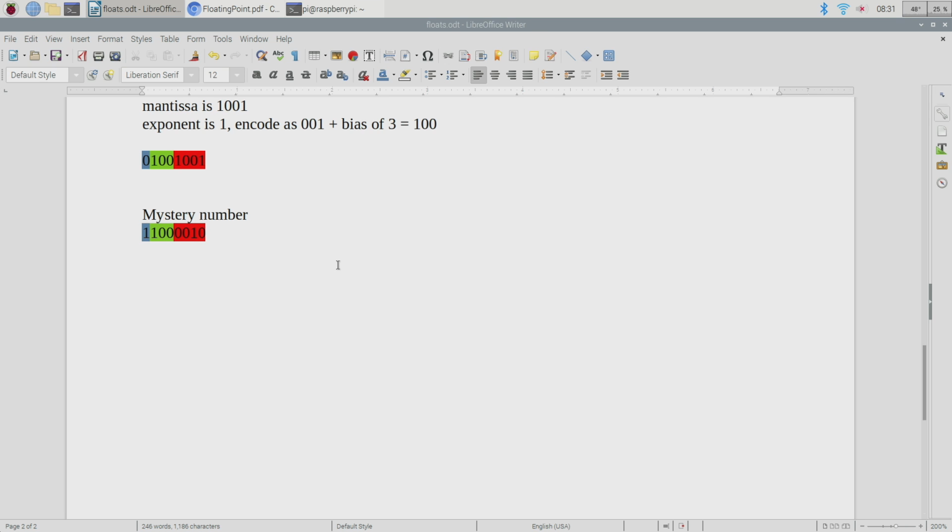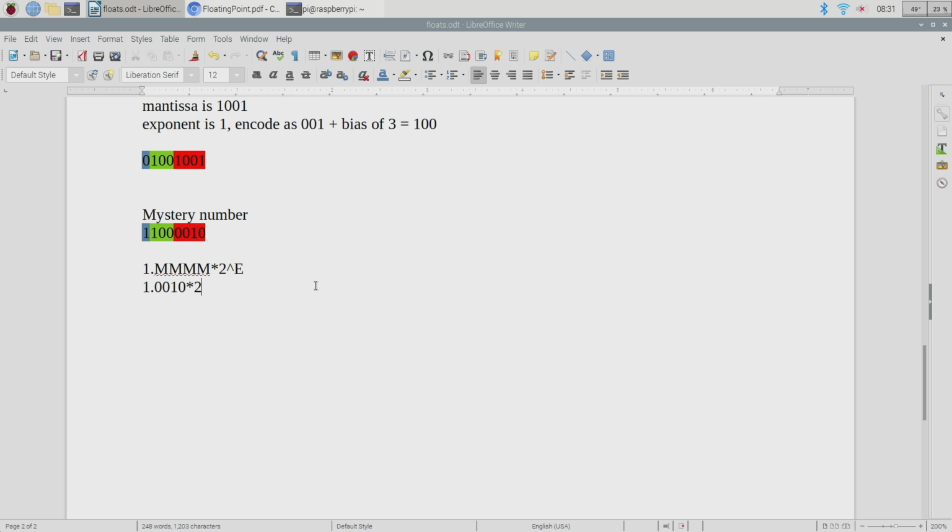So if I were to write this as 1 point mantissa times 2 to the exponent, and let me turn off this highlighting because this is starting to get annoying, that's where I need to start. What are my mantissa bits? That's easy, we just plop them in.